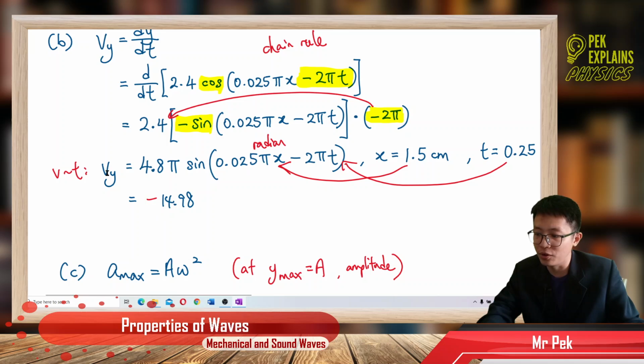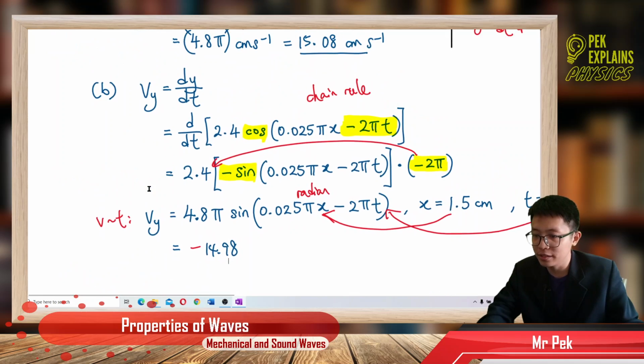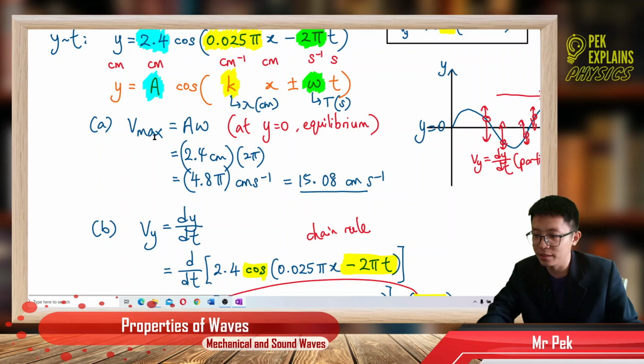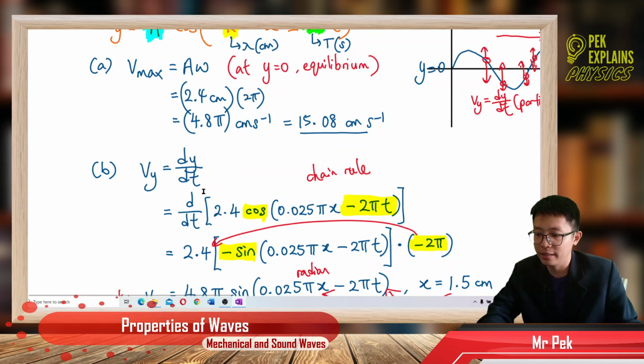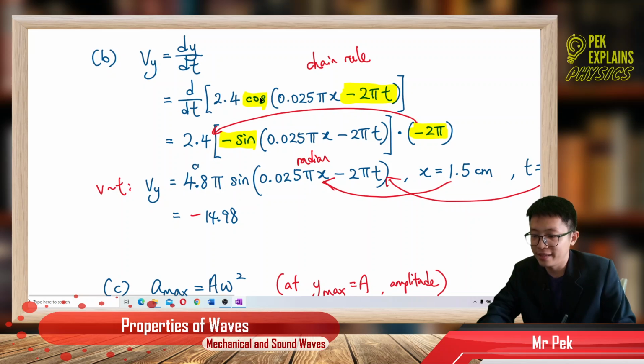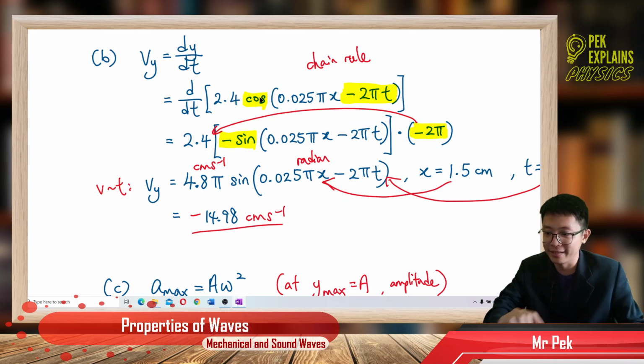What's the unit for this velocity? Because our maximum velocity Vmax is A omega, and our A is in cm, so our velocity is cm per second, not meter per second.